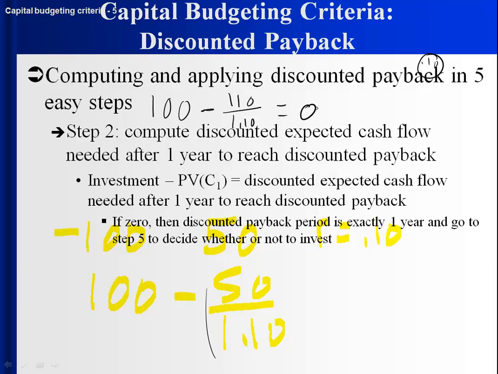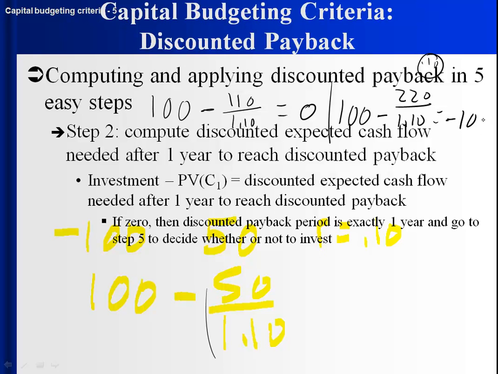Well, that's equal to 0, and discounted payback would be exactly 1 year. And then you just decide whether or not to invest. Suppose you expected 100 minus, let's say, 220 over 1.10.